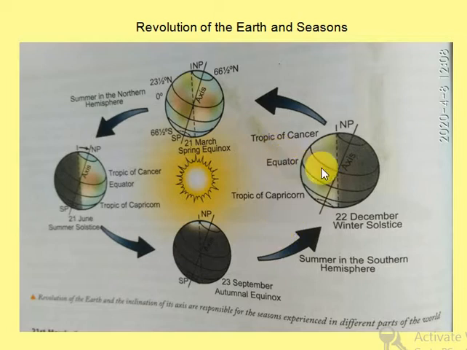At the equator, look carefully. The variation is minimum and the days and nights are equal in length throughout the year.